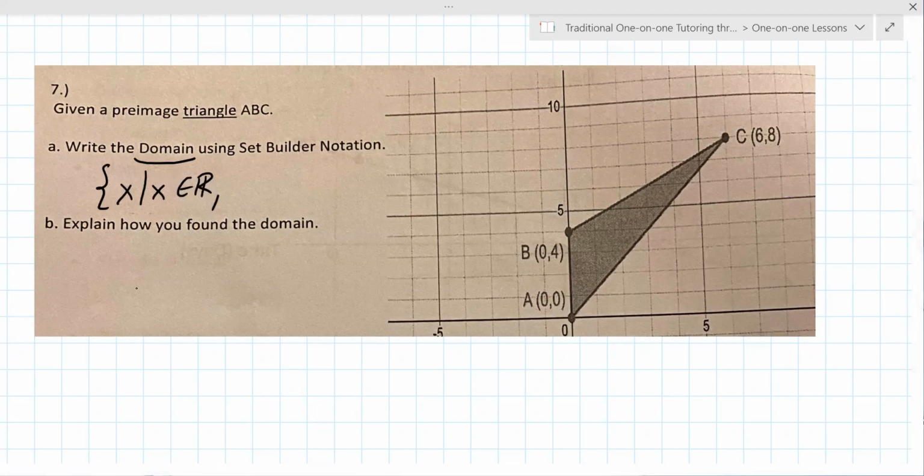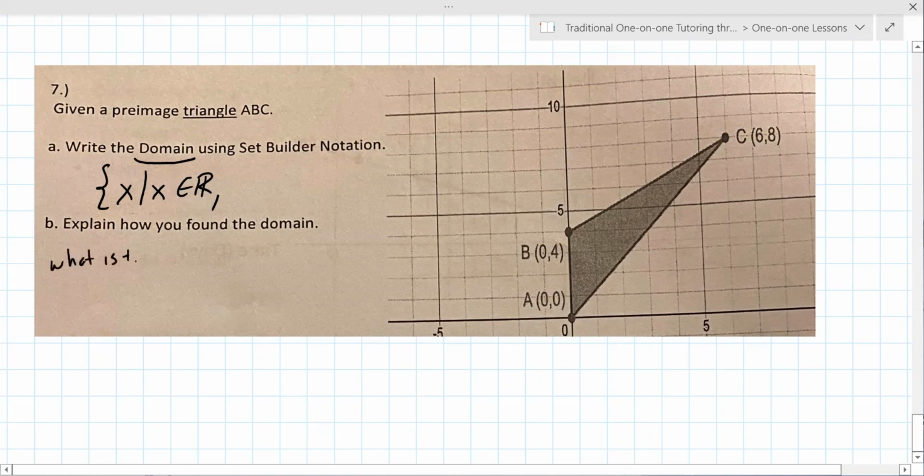This is how we're going to do part B to answer part A. I'll ask the question, what is the leftmost x value? On both, just 4 then, right? I mean, wait, no, 0. Yeah, 0.